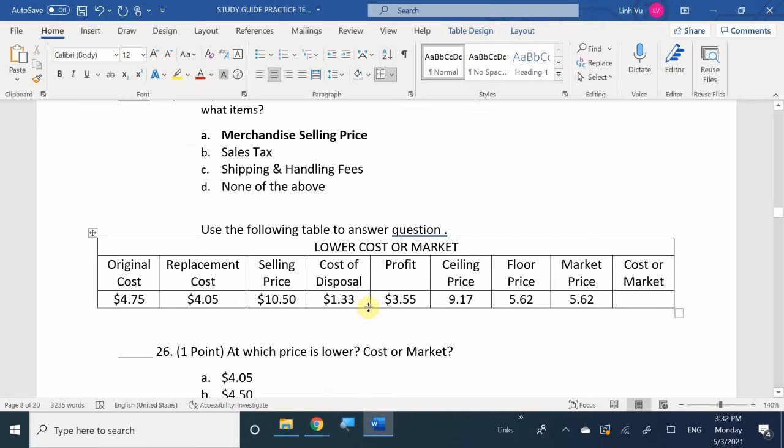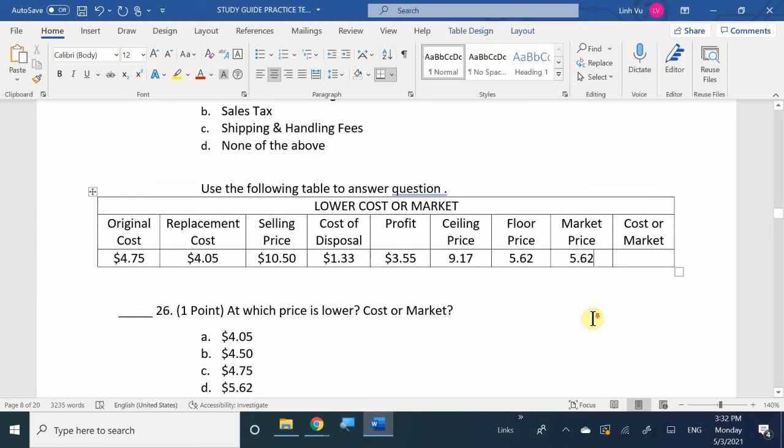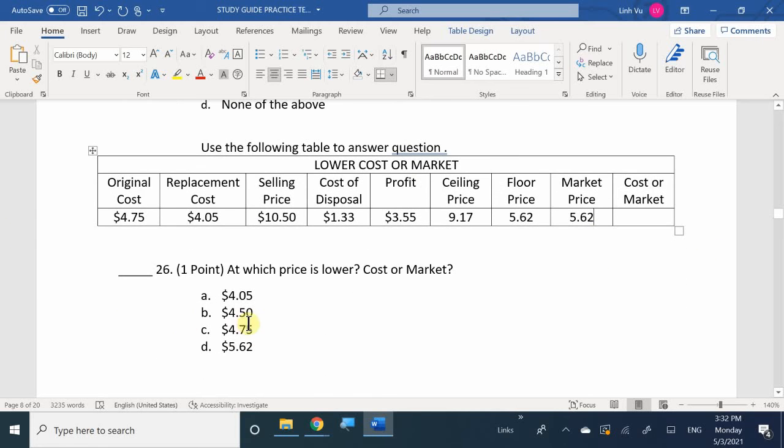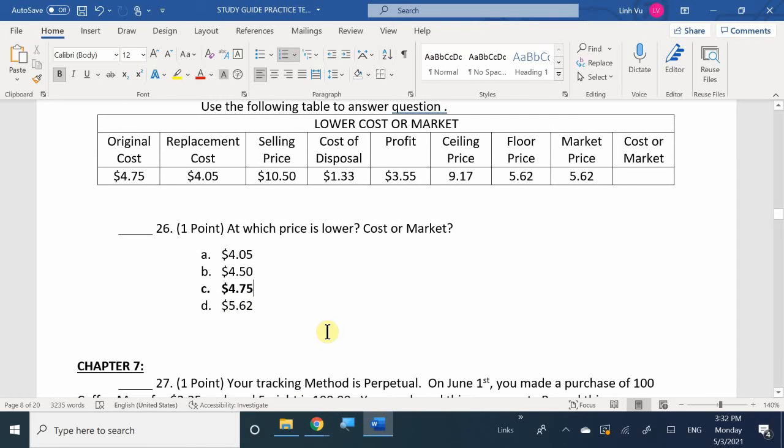Cost. The cost of $4.75 is significantly lower than $5.62. So the answer is C. Good. Make sure you guys know how to do the lower of cost or market.